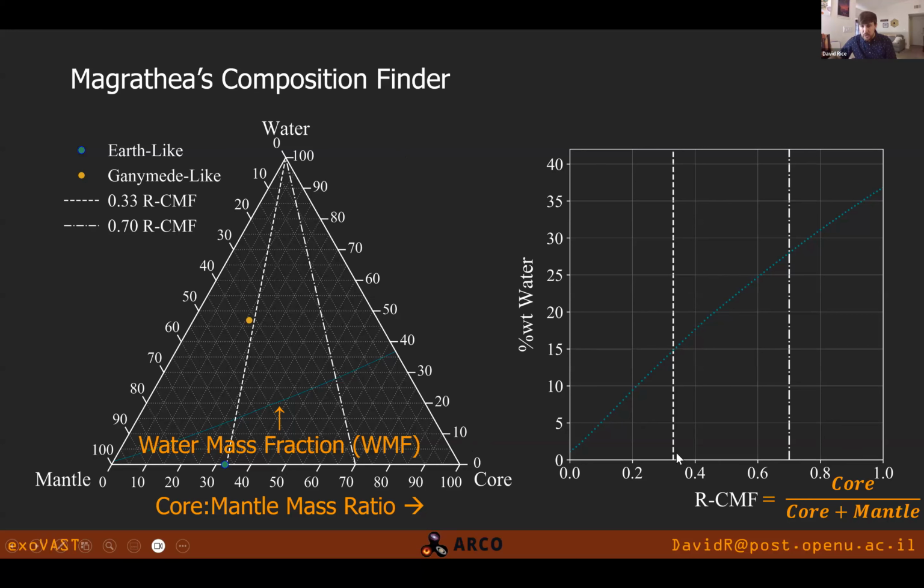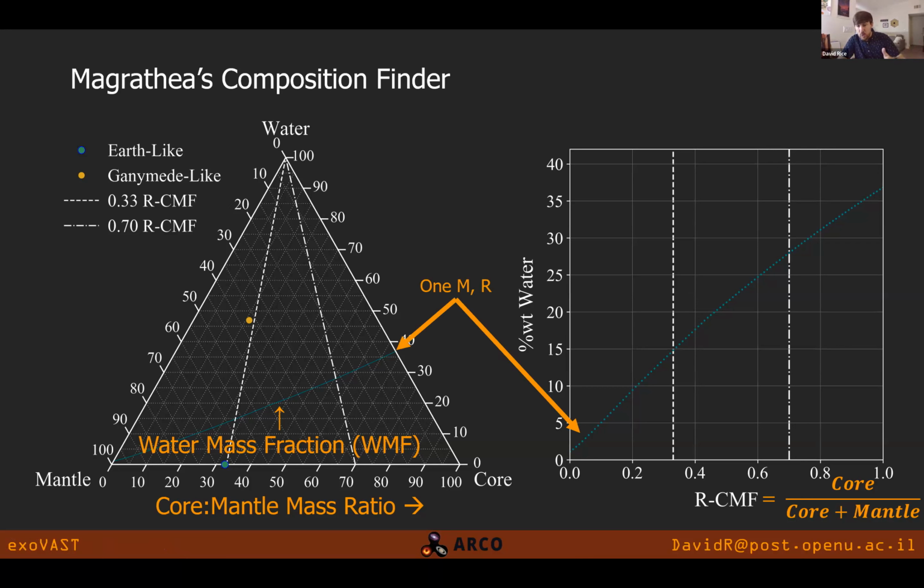Here on the dashed line are all planets that have the same iron to silicate as the Earth under the water layer. So as you increase the water layer, you keep the core to mantle ratio the same along that dashed line. So if we take a mass and radius of a planet, we can then solve for all the different 3-layer compositions that match that mass and radii. So here we have a composition finder in the code that you swing across refractory core mass fraction.